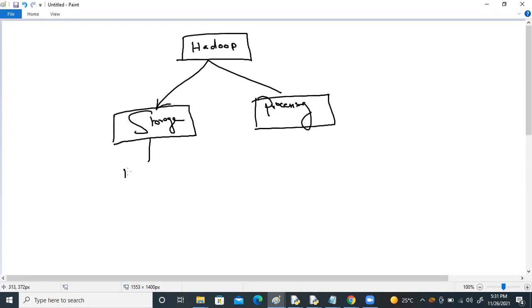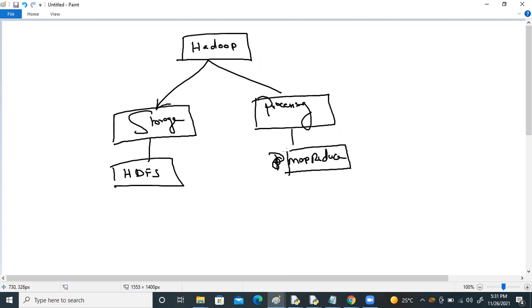For storage, HDFS. For processing, MapReduce.